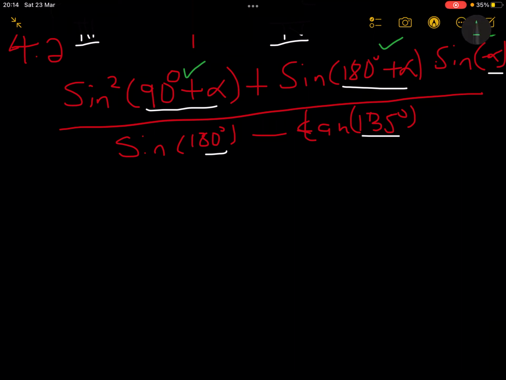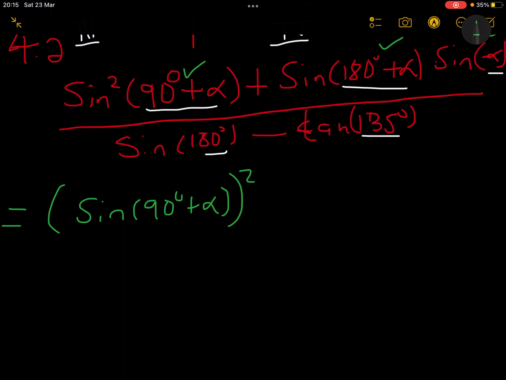To solve this, we first have to change our sine squared 90 into a workable, simplified version. You start by saying it's sine of 90 plus an angle that is being squared.